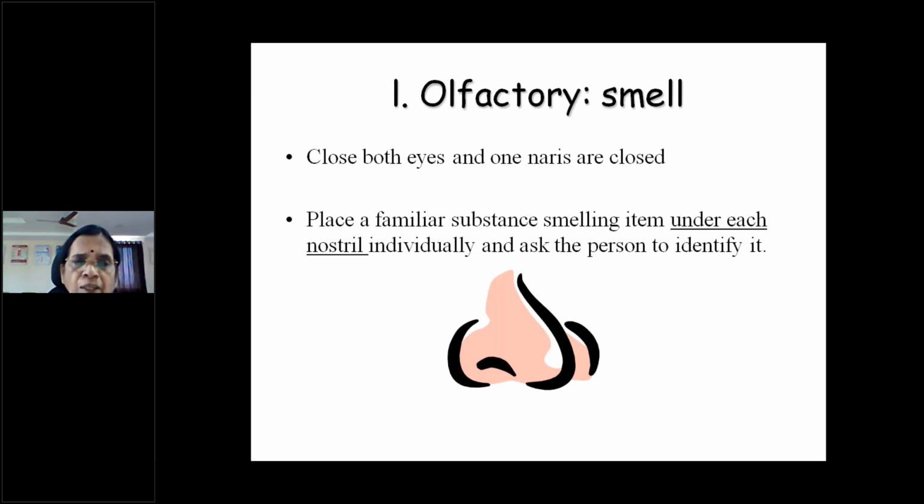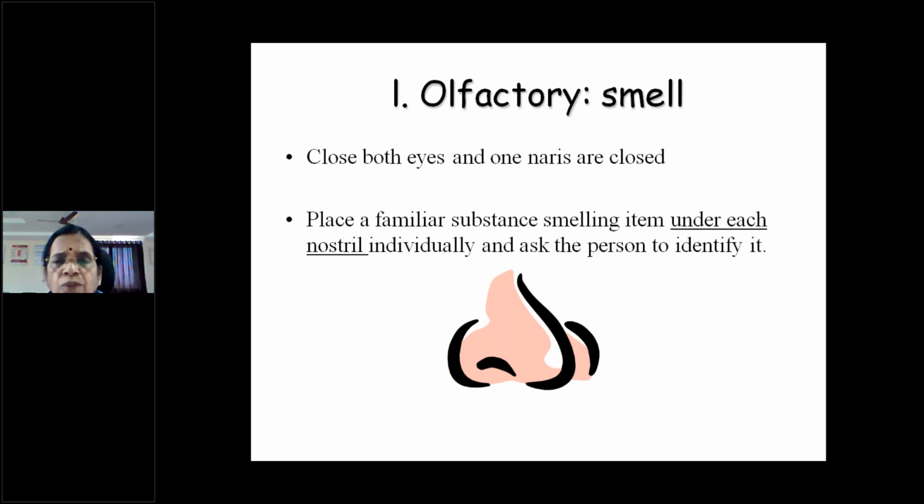Olfactory, sense of smell. For that, the patient should not know which substance you have brought. You ask the patient to close both eyes, close one nostril, and then test it. Usually a familiar substance should be used, like coffee powder or tea powder, something you can recognize, and each nostril should be tested separately.